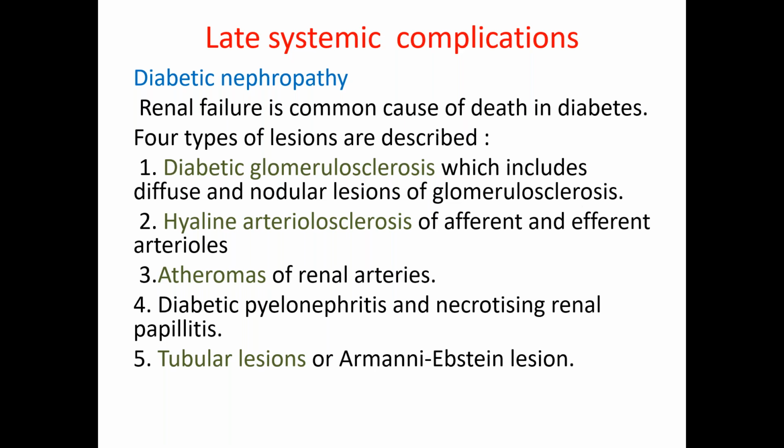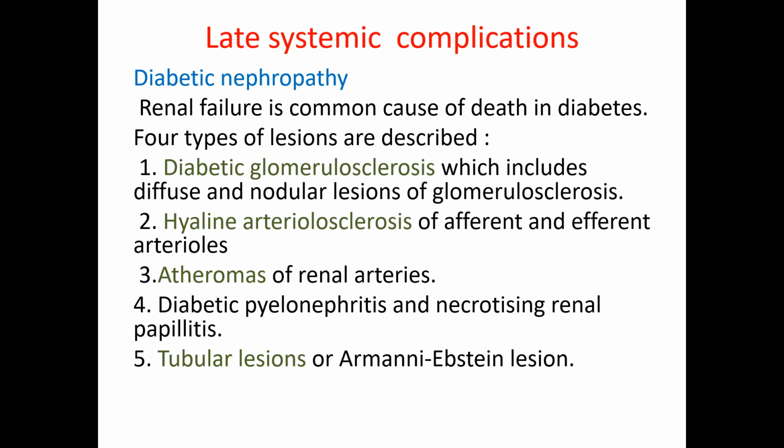And the renal complications are very important. Diabetes is an important cause of end stage renal disease due to chronic renal failure. This is the commonest cause of death in diabetes, and there are 4 types of lesions, already described in connection with kidney diseases under the term diabetic nephropathy.